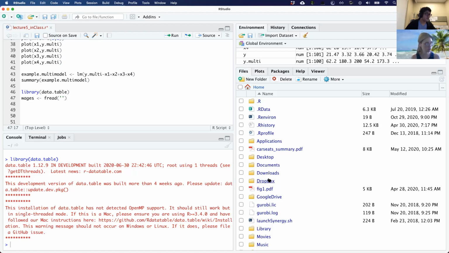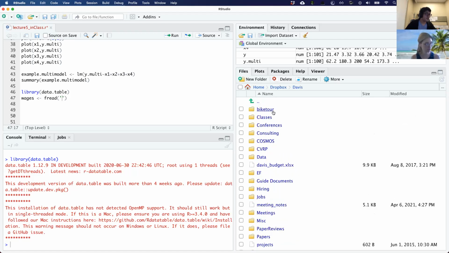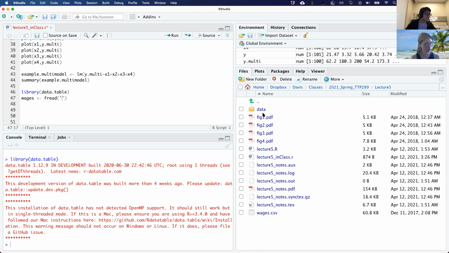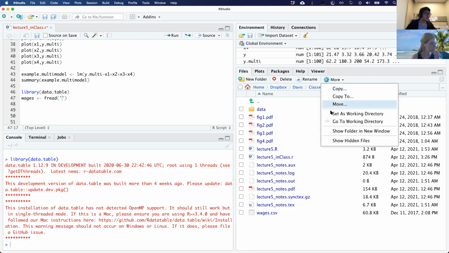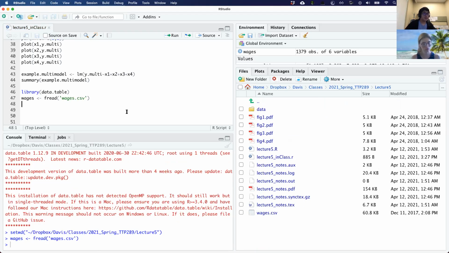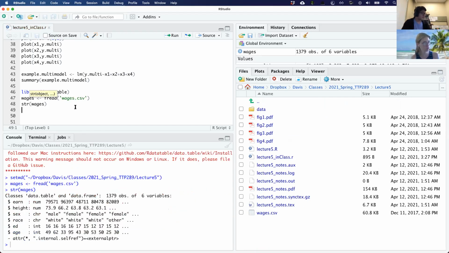I caught it this time. Okay, yeah, wages here. So I need to set this as my working directory. And I'm going to go ahead and load in a small data set called wages. And let's take a look at what this data set contains. Okay, so the structure of it.